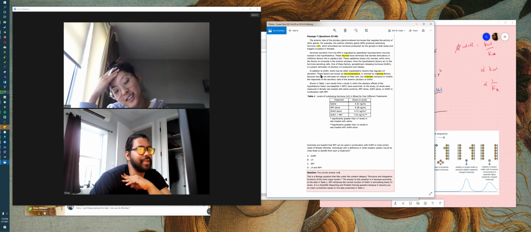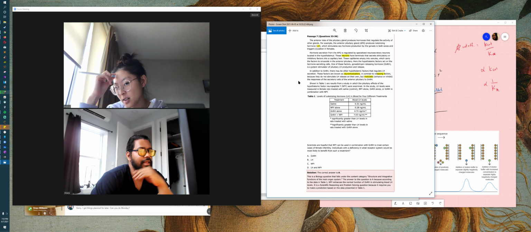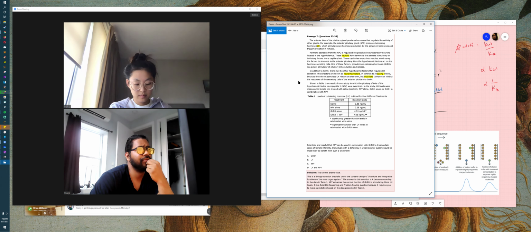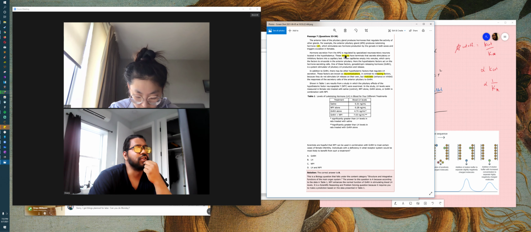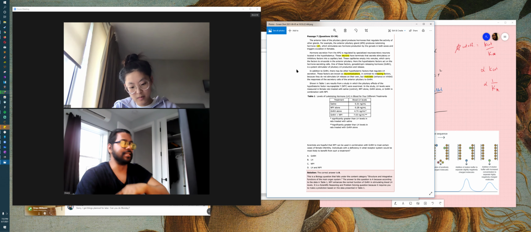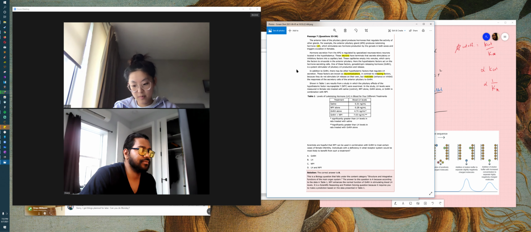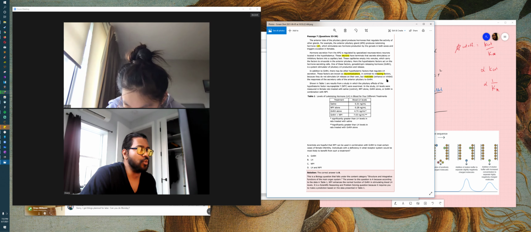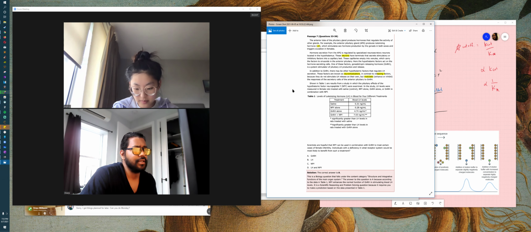I think when they say receptor system, they're talking about, in the second paragraph, how the hypothalamus basically has this system with neurons that work to release LH, I believe.